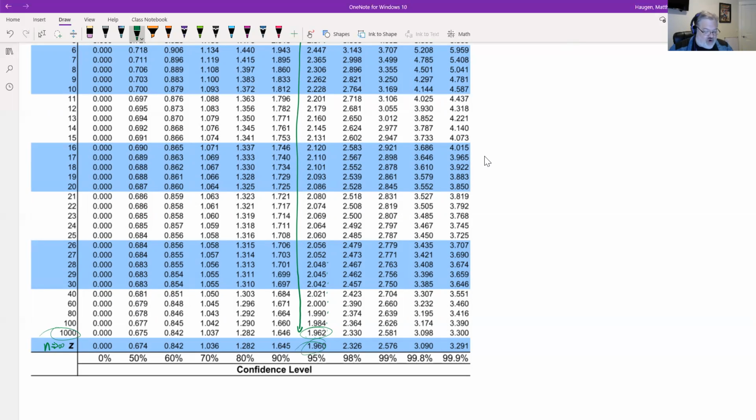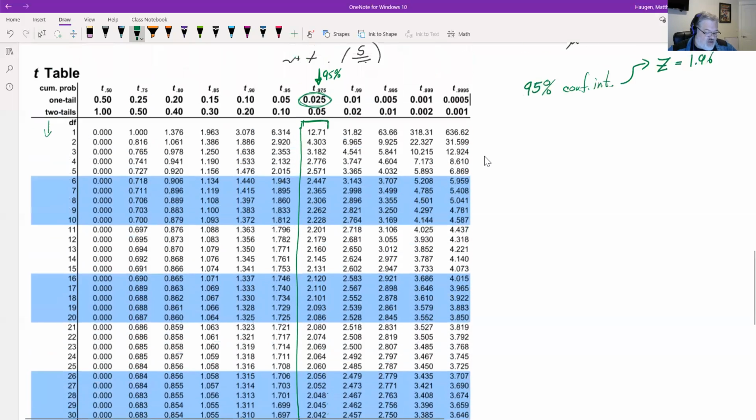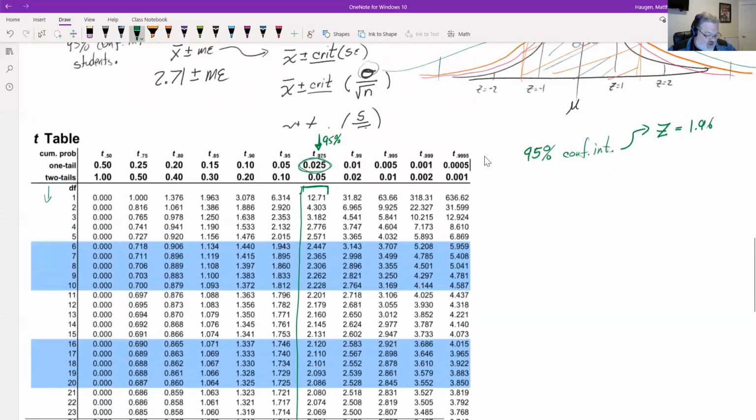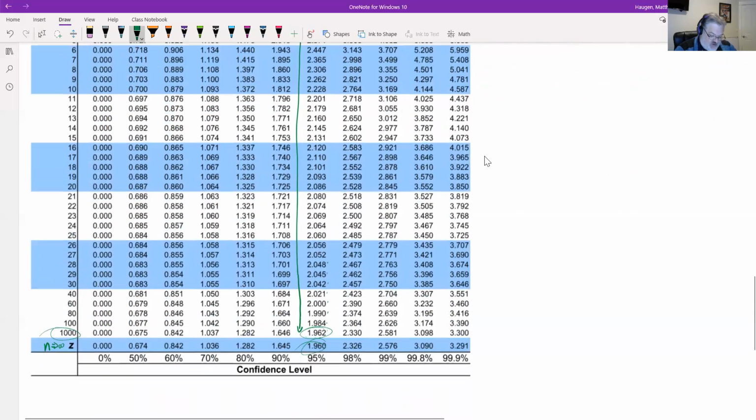So it corrects for our error. So for our sample size of 100, the t-score we should be using is 1.984. So it's a little bit larger than the z-score, again, to account for our error.